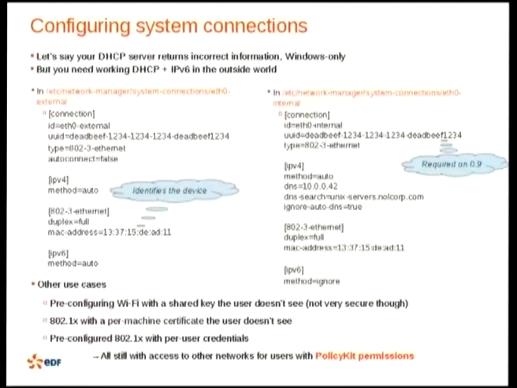So this way you deploy the certificate on the machine, but the user doesn't give the certificate. But you can also give a user certificate, in which case you configure 802.1x, and the user can select the connection. It is pre-configured, but he will be asked for his personal credentials. All of that while still allowing users to create other connections like Wi-Fi, to do roaming, etc.